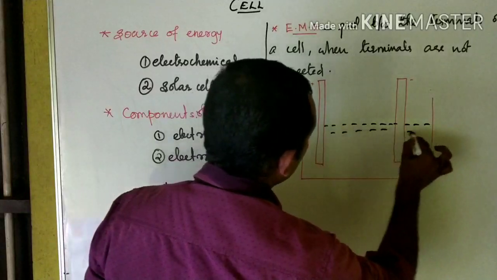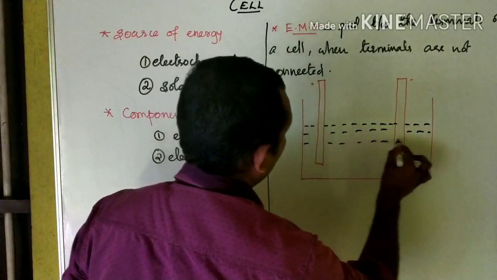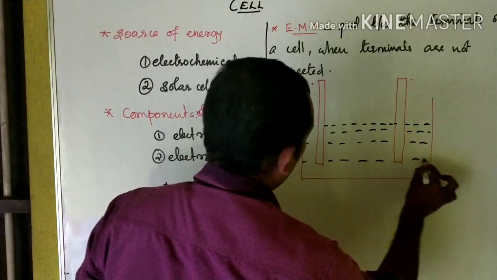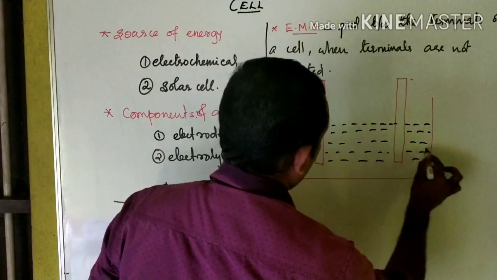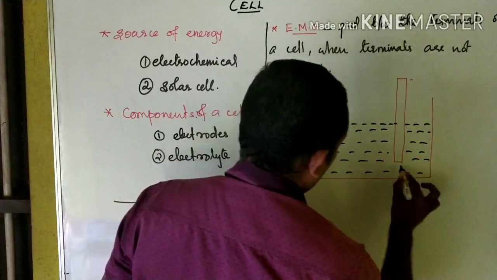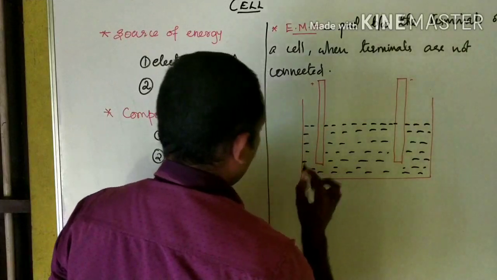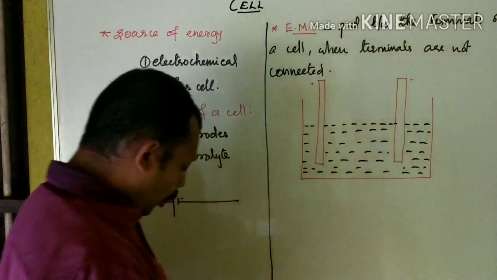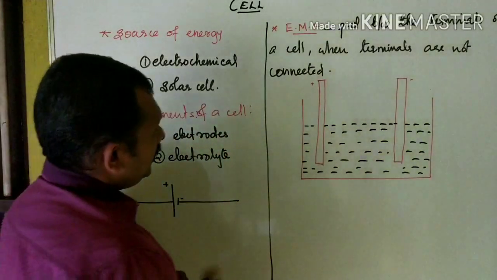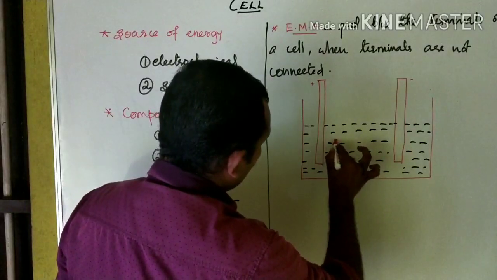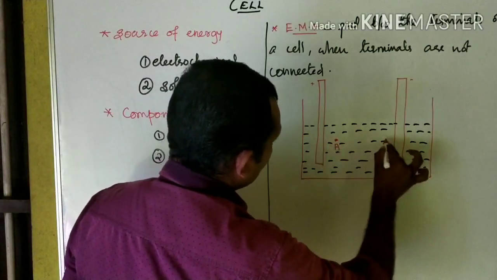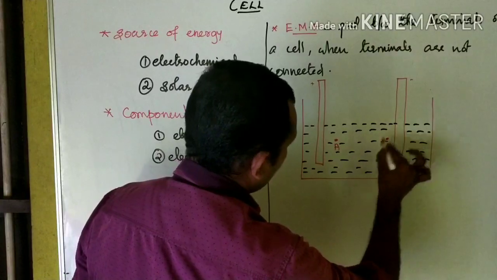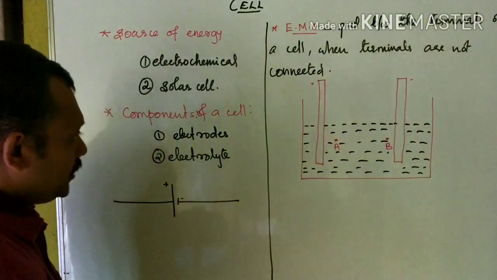When you study chemistry, you will find something extra. Let us consider two points A and B in the electrolyte.